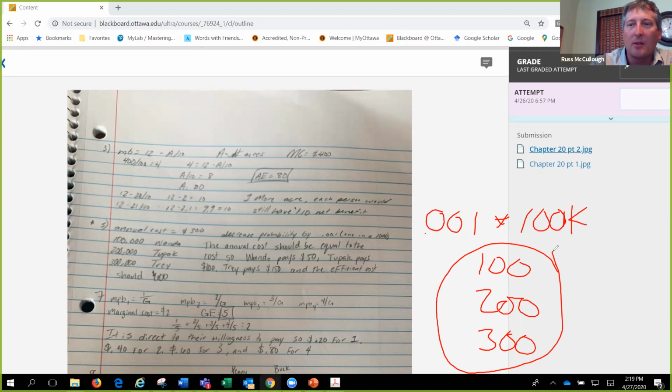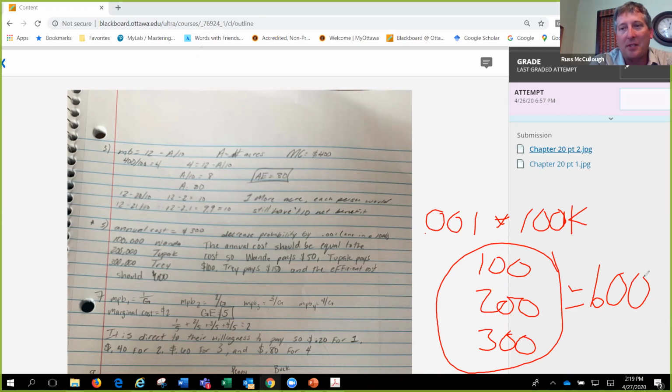So we can add those together to get the public benefit of 600. So we have a $600 benefit, and the question is whether it would be a good deal or not. From a public good standpoint, they should be willing to pay up to $600 for the fire station.